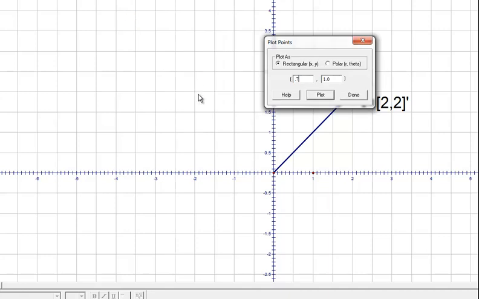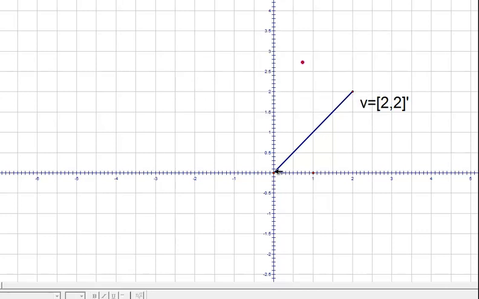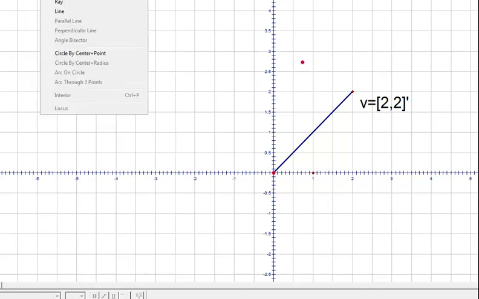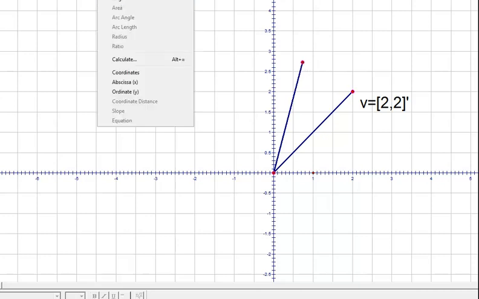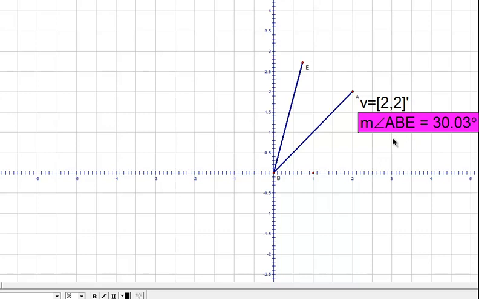So what were they? 0.73, 2.73. Okay, so it's plotted. Let's construct our vector then. If we measured this angle, you can see the angle is approximately 30 degrees. Here I could not enter a column, so I just used the transpose.